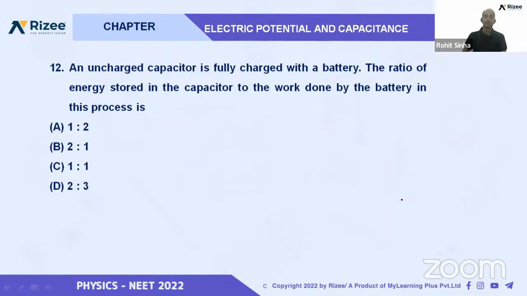Try this question. I will give you 10 seconds. This type of question, this theory we have discussed earlier. Take 10 seconds and discuss.